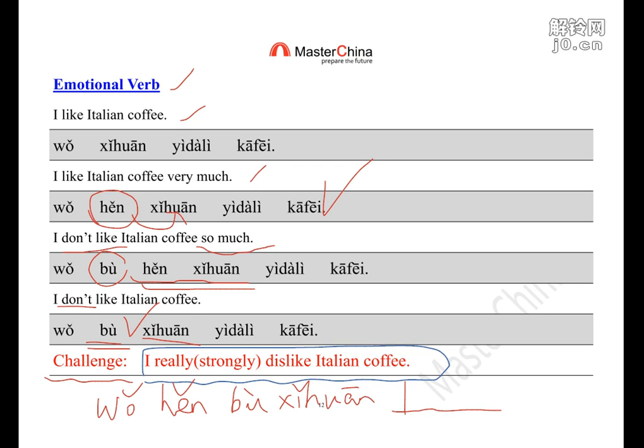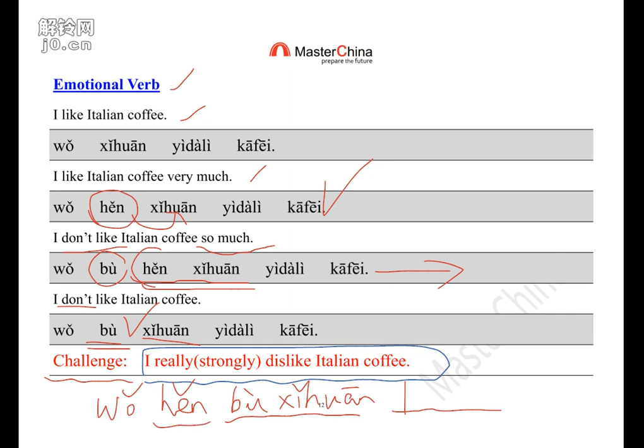So you can see here is this sentence. Not so much is 不很喜欢. I deny not so much. And next one, dislike. 不喜欢 is I dislike, and 很不喜欢 is very dislike.